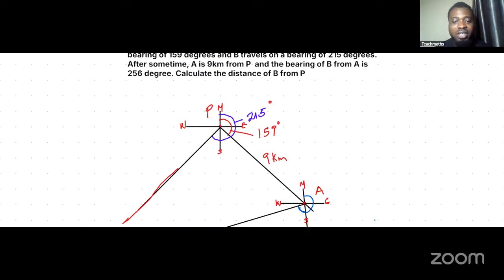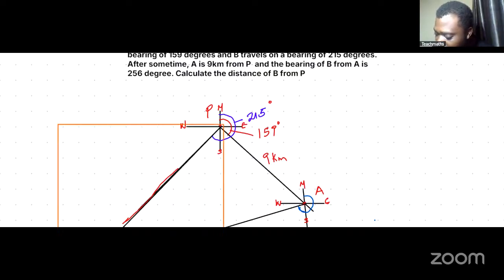Now, B is also being described from point A. So the point at which the two lines meet serves as point B. So what I would do here is to extend this line, such that these two meet at a point. The point where the two of them meet is called point B.